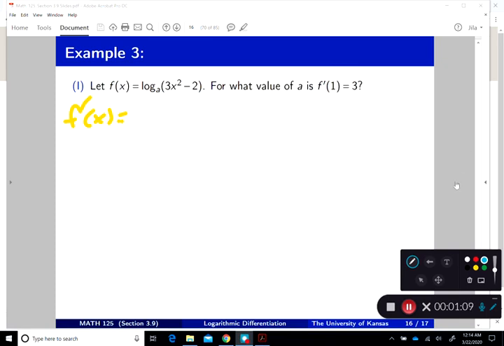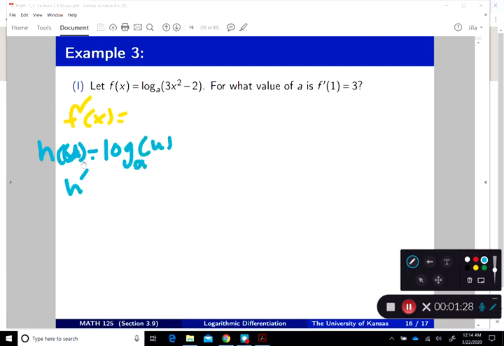To take the f prime of x, one thing I have to figure out is what's the outside function. Let's say h of u is equal to log base A of u.